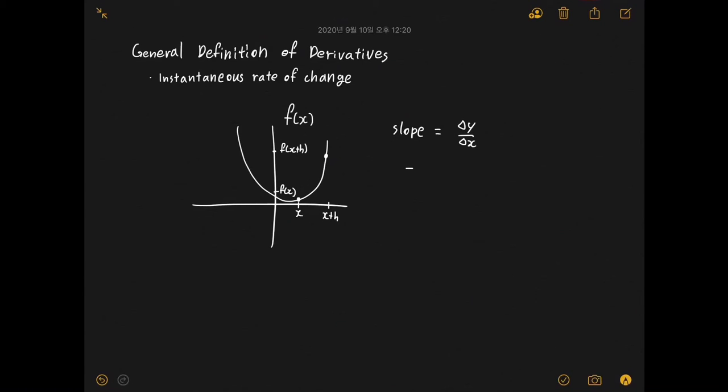And this again is y2 minus y1 over x2 minus x1. Here, x2 is x plus h, and x1 is just x. y2 is f of x plus h, minus y1, which is f of x.